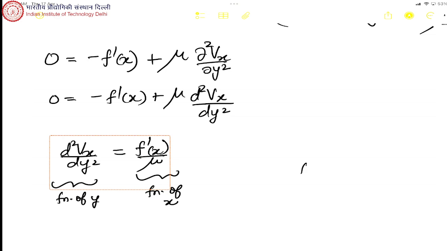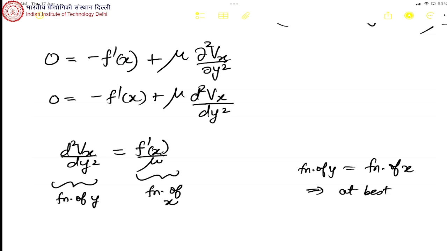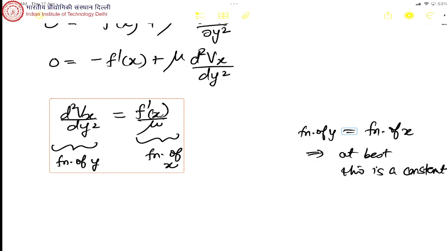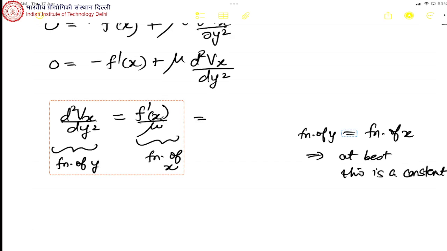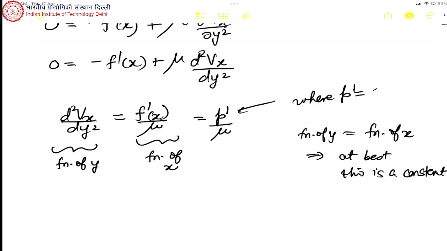So if a function of y is equal to a function of x, this implies at best this is a constant. And let us call this constant, this f prime x was nothing but the derivative of pressure with respect to x, so I call it p prime of x by mu.